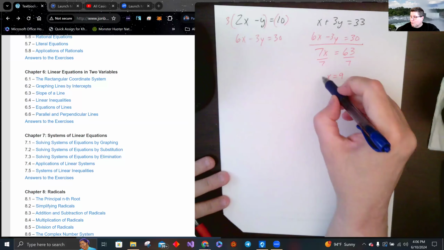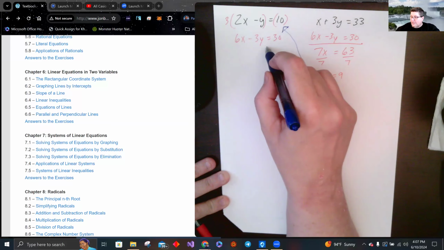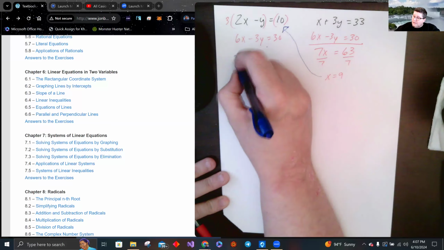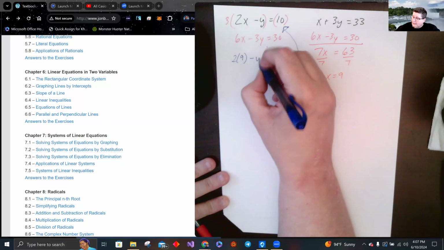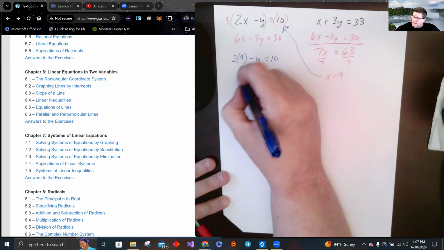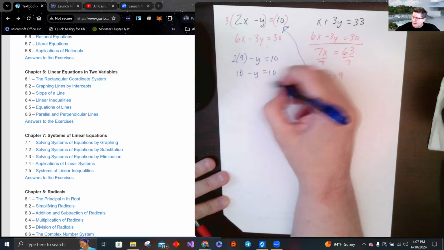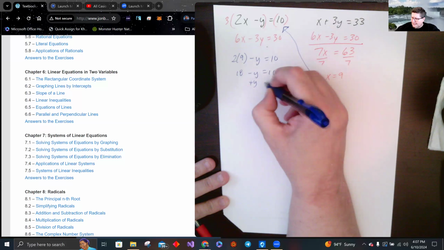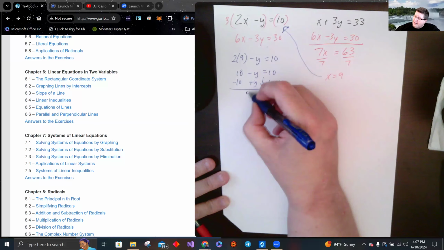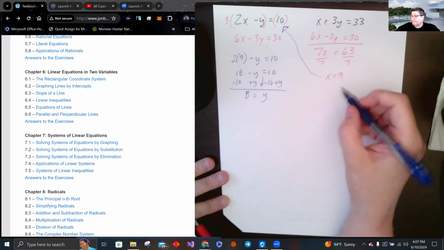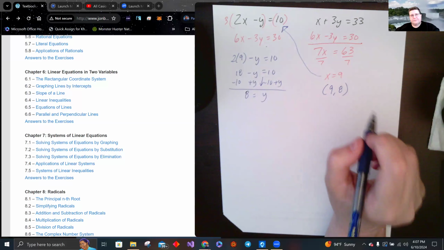Always plug it into the original equation, not that one, the original. 2 times 9 minus y equals 10. So 18 minus y equals 10. I will add y to both sides. Subtract 10. 8 equals y. And I put them together and I get 9, 8.